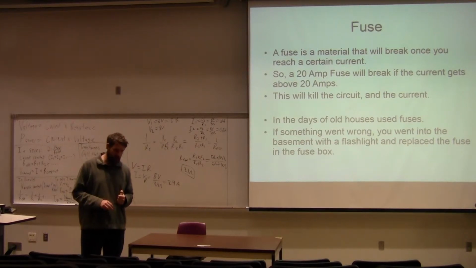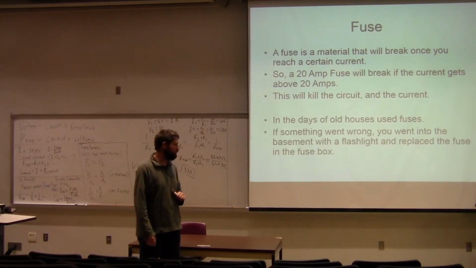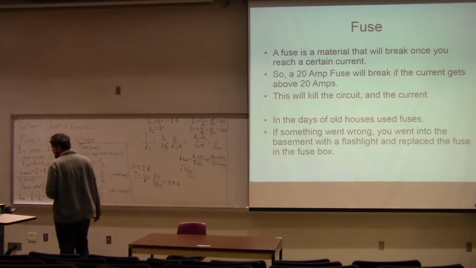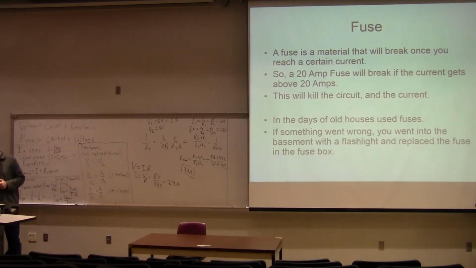You may not have fixed the problem, and it may just break again with you in the middle of it. So that was kind of dangerous and expensive, and you had to replace it each time. And fuses are not cheap. And if you didn't have a fuse, you had to go down to the store and hope they were open. And back in those days, at night they probably wouldn't be, so you pretty much had to spend the entire night without electricity or heat.